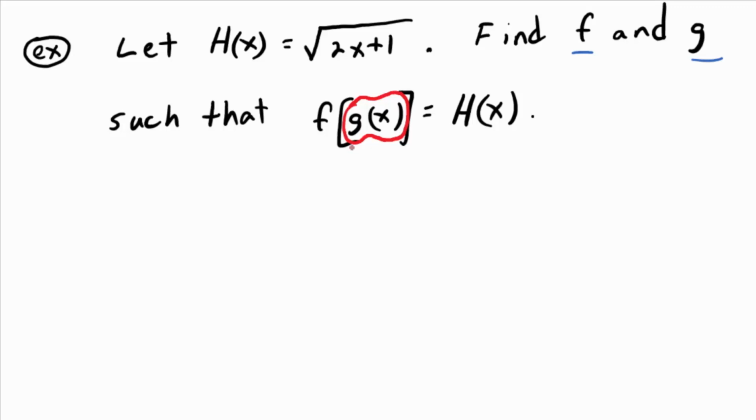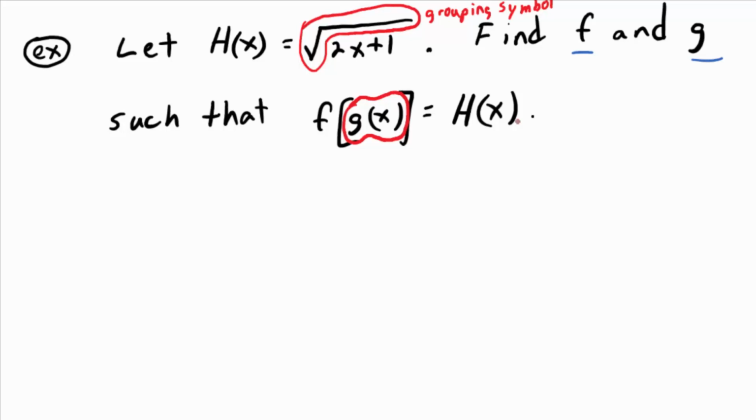So in h of x, what's acting like the grouping symbol? The radical is acting like the grouping symbol, isn't it? It's grouping the entire quantity 2x plus 1. It would be redundant to put parentheses around the 2x plus 1 since that square root extends all the way over it.